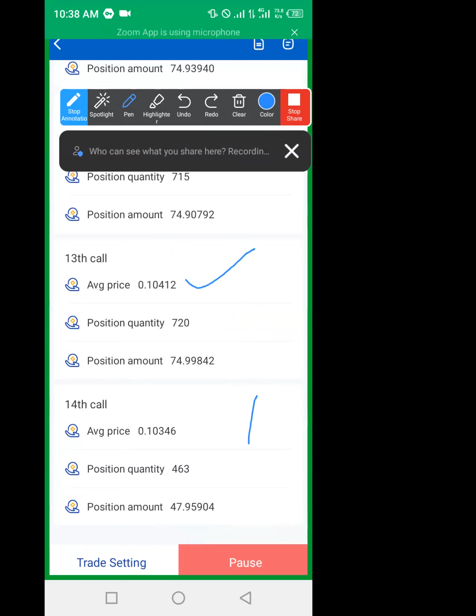Whereas the 14th was bought at 0.103. You can see this one is higher and this one is lower. So the deeper the coin goes, the deeper the trade goes, the lower the prices can be.